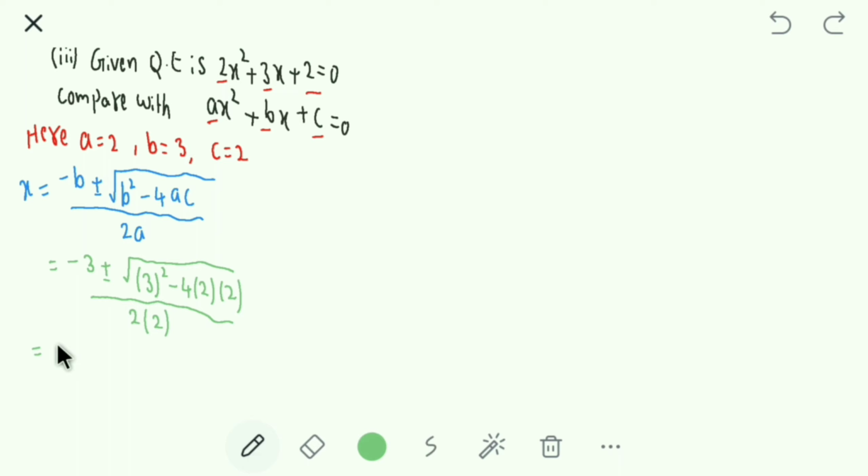This is equal to minus 3 plus or minus under root of 3 square is 9 minus 4 2s are 8, 8 2s are 16, divided by 2 2s are 4.